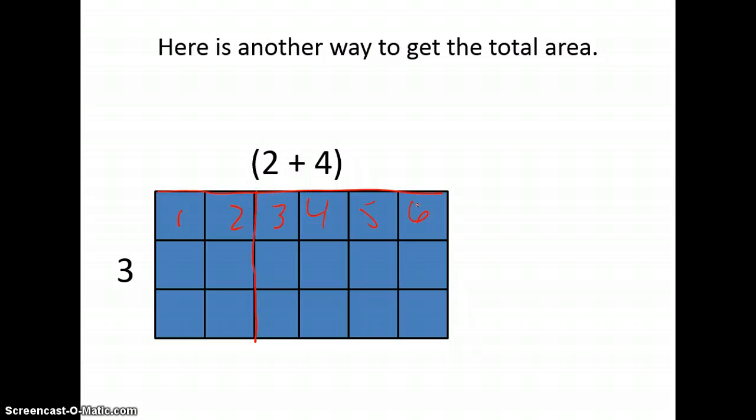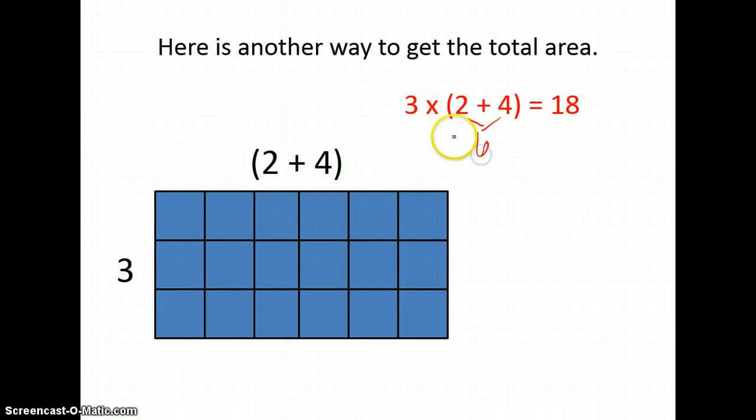So another way to find the total area is 3 times the quantity of 2 plus 4, or what I got when I put them together. And if I work that out, 2 plus 4 gives me 6, using the order of operations, and 3 times 6 gives me 18.